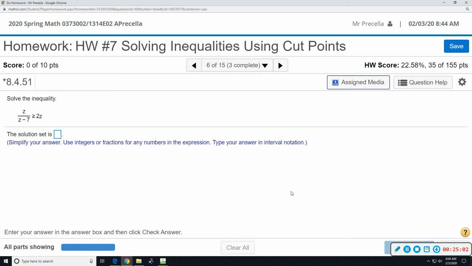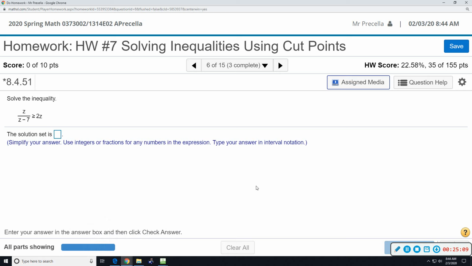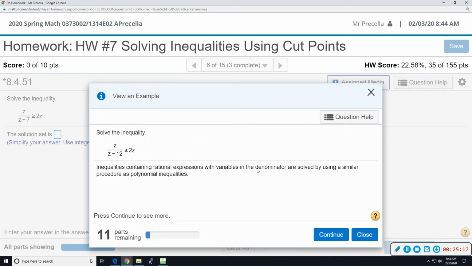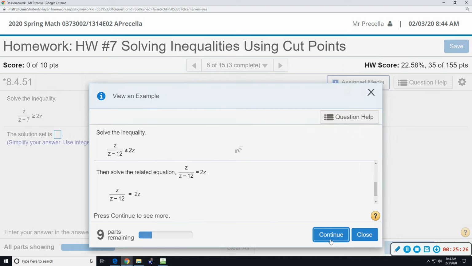So I'm going to start off with finding my solution cut point. That's always my habit. If you're a view and example person, on the view and example, they never use the word cut point. Oh, it looks like on this one they were doing the denominator cut points first. Okay?